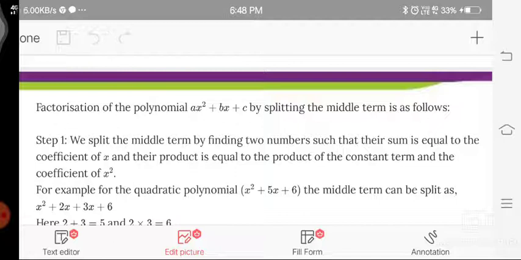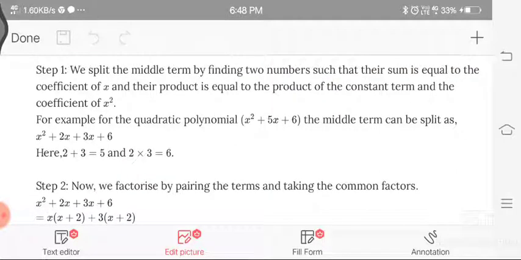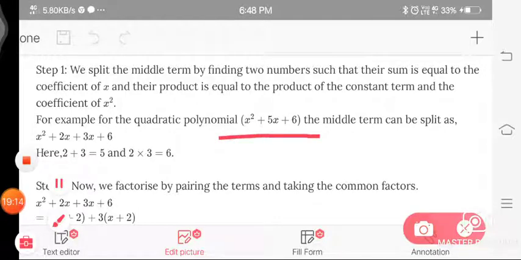Here an example is given: x square plus 5x plus 6. By splitting the middle term we have to find two numbers whose product is equal to the product of the outer terms and whose sum is equal to 5.